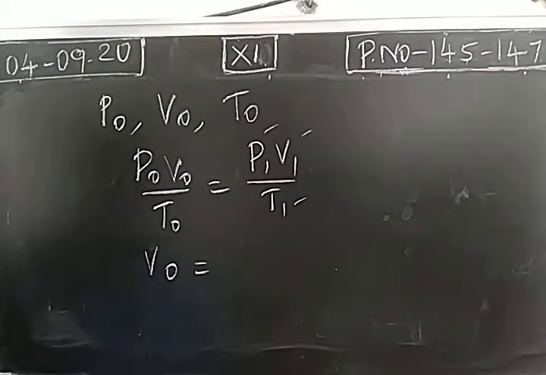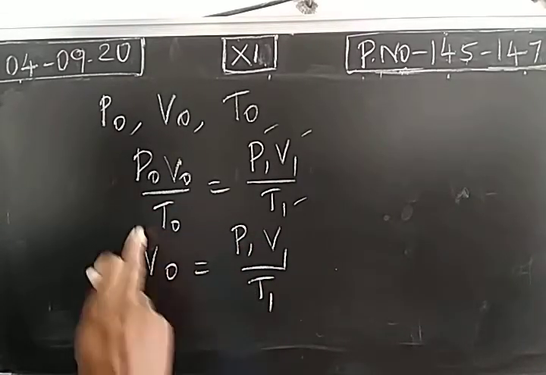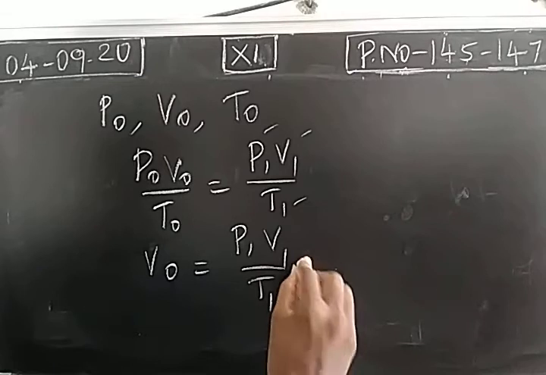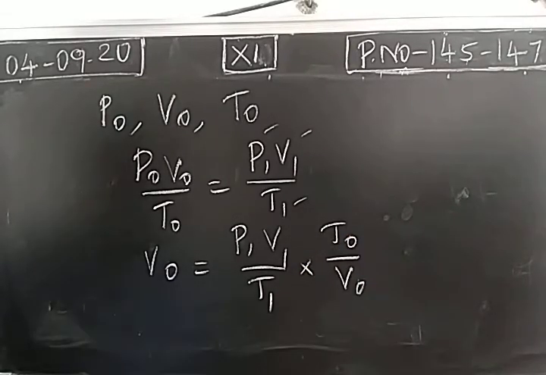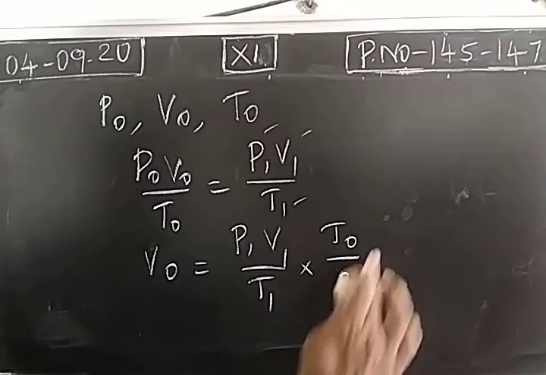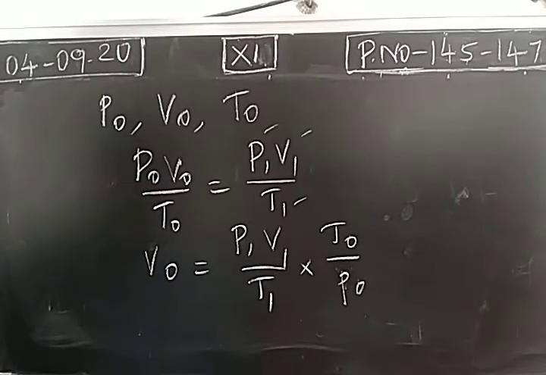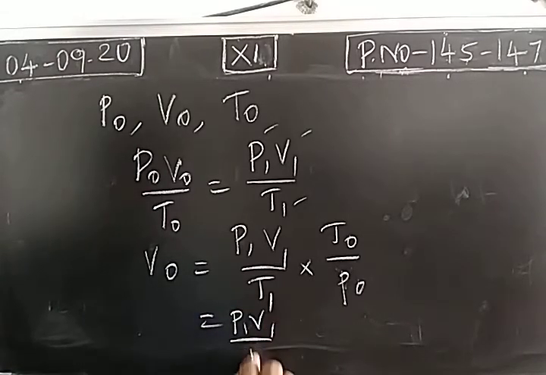So V0 is equal to, we rearrange it, P1 V1 divided by T1, and when this is moved to the right hand side, we get T0 divided by P0. Standard temperature, standard pressure.